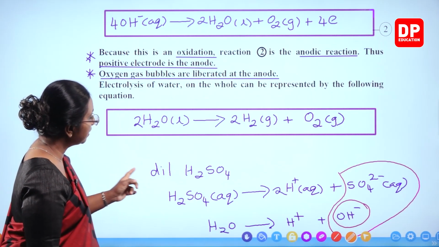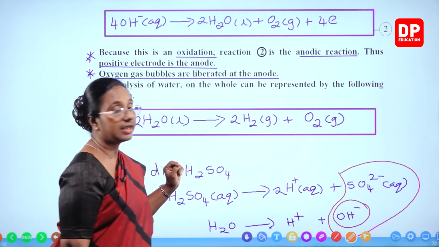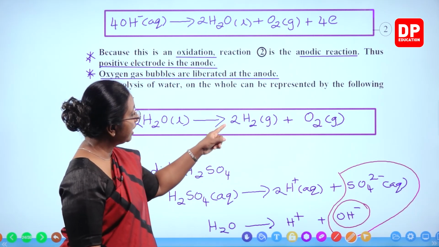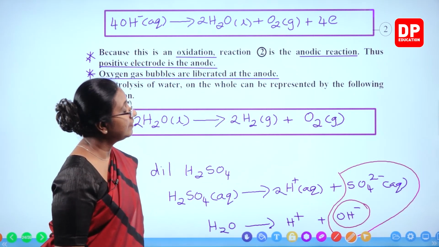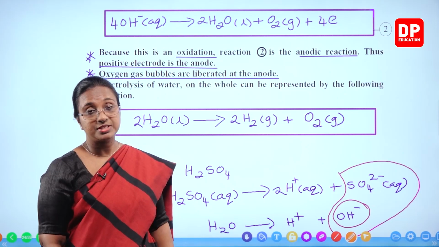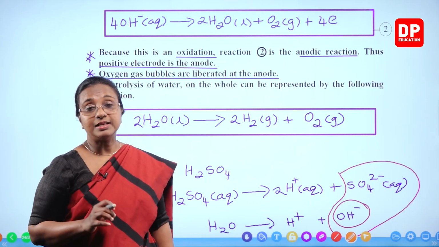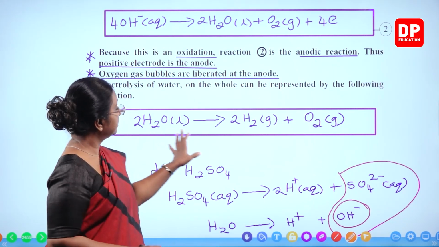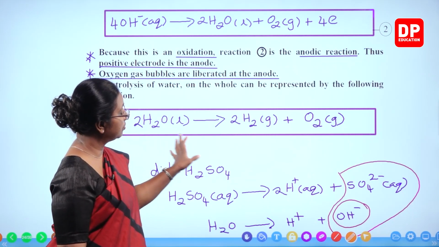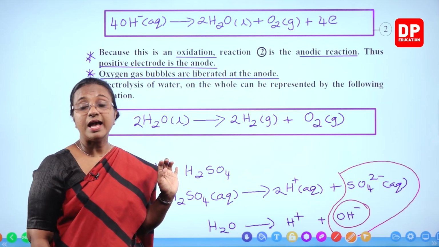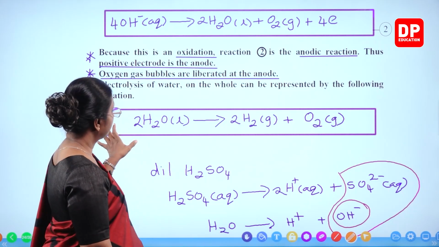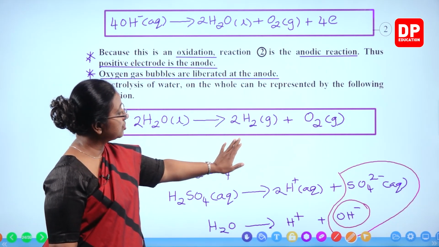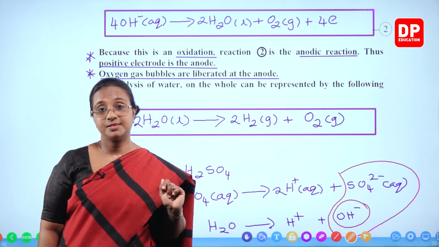And you can remember, H2 is evolved near the cathode, that is the negative electrode, and O2 is evolved near the anode, that is the positive electrode. Is that clear, students? These are the reactions taking place during electrolysis of acidulated water. So, from water, we get H2 gas and O2 gas.